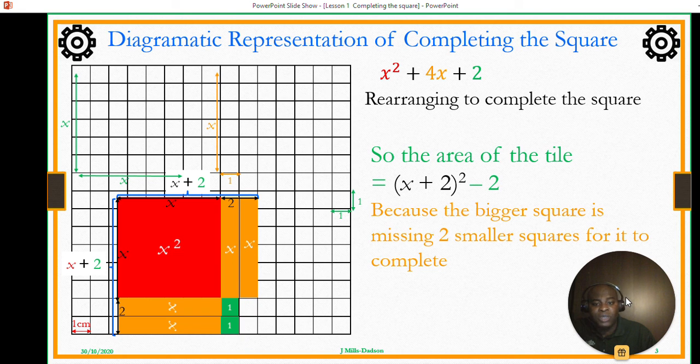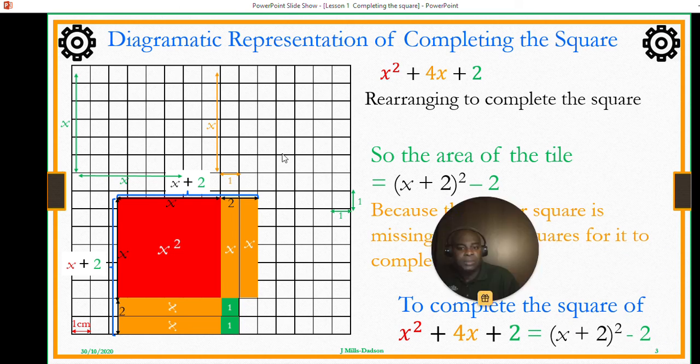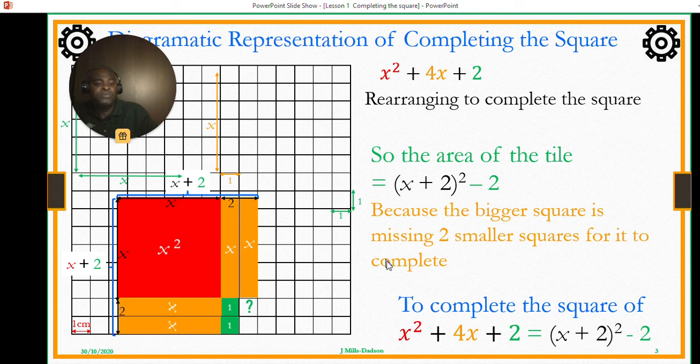So to complete the square, I always divide the middle term by 2 and spread it around the x to create the dimension of the bigger square I'm trying to create. And that is the concept that we're going to translate from diagrams into algebra. So, completing the square for x squared plus 4x plus 2 equals x plus 2 all squared minus 2.